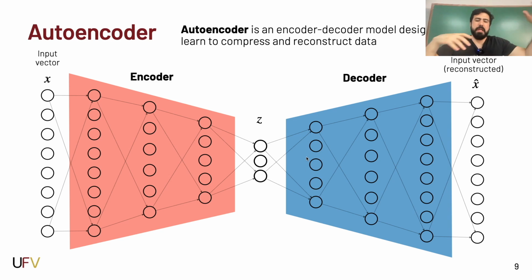Even though technically it's the same model, right? But because it has this very particular structure of it starts with a large input and it goes down, and then from the middle on, it starts growing back again. So this is called a decoder, and the output is the input, but reconstructed from the Z vector.